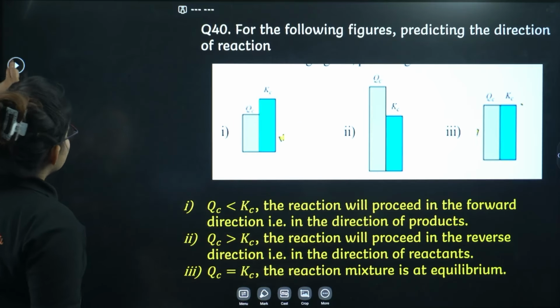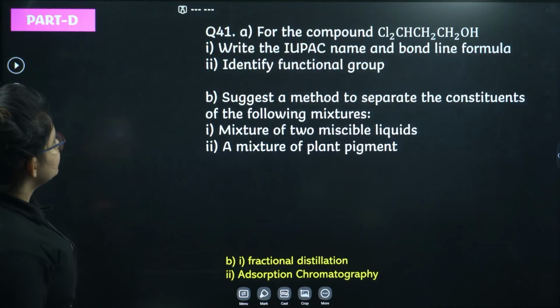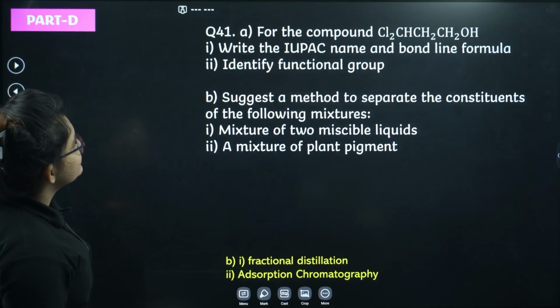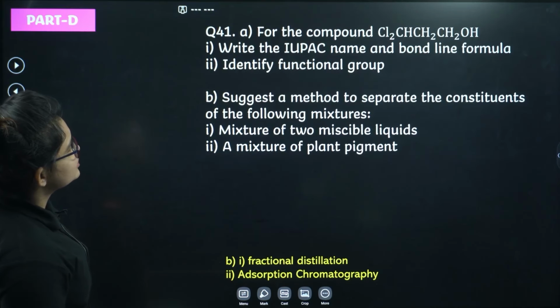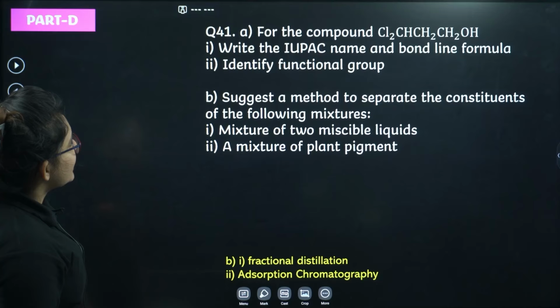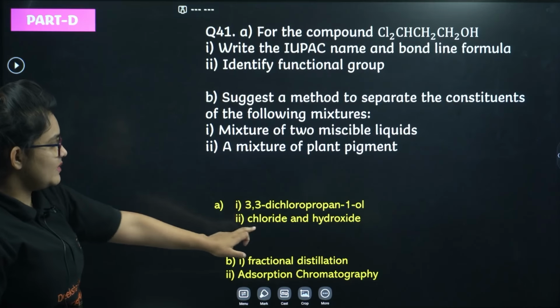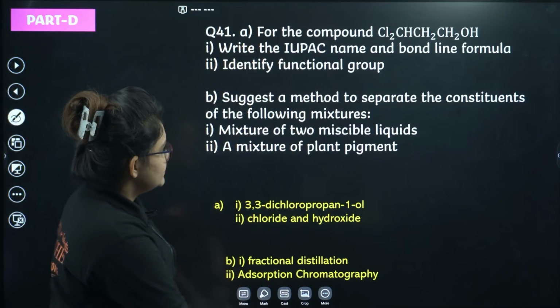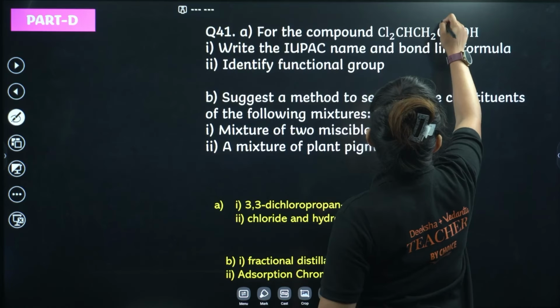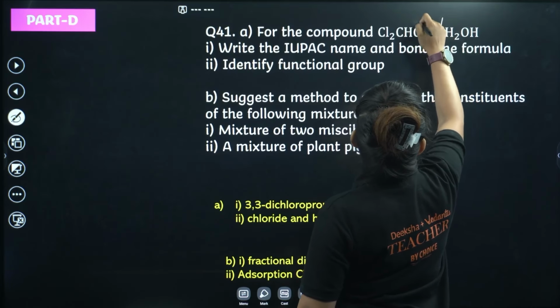Okay, proceed. For the compound Cl2CH-CH2-CH2-OH, write the IUPAC name and bond line formula. Let me show you here: 1, 2, 3.